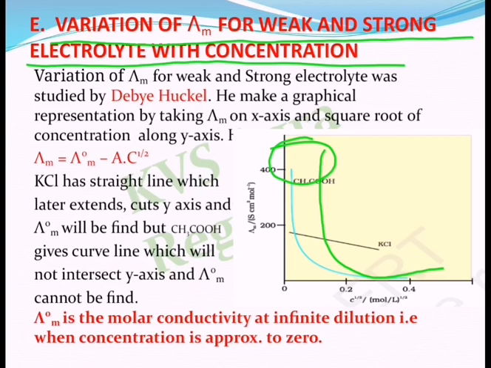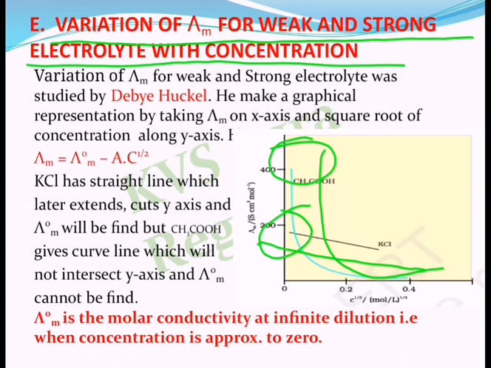But in the case of a strong electrolyte, the line intersects the y-axis at a particular point. The point of intersection with the y-axis is the molar conductivity at infinite dilution, which means maximum conductivity. So we can calculate the maximum conductivity of strong electrolytes like KCl and NaCl, but we cannot find the molar conductivity at infinite dilution of a weak electrolyte.